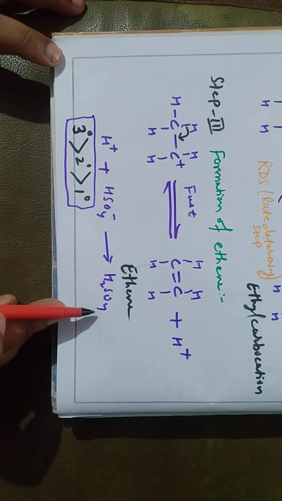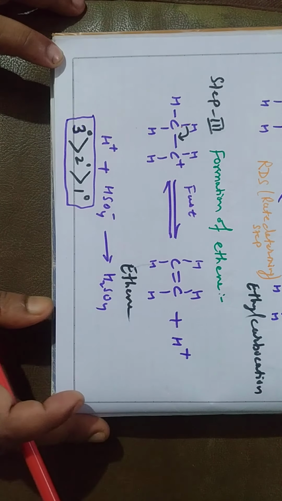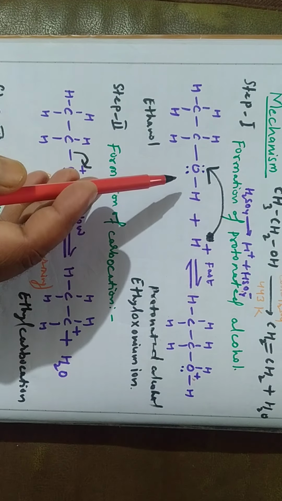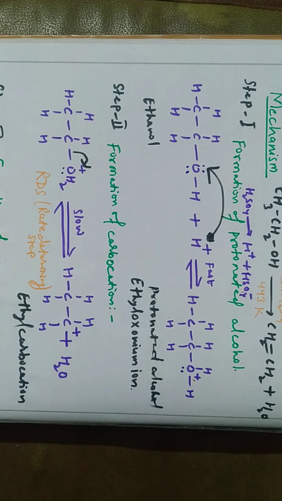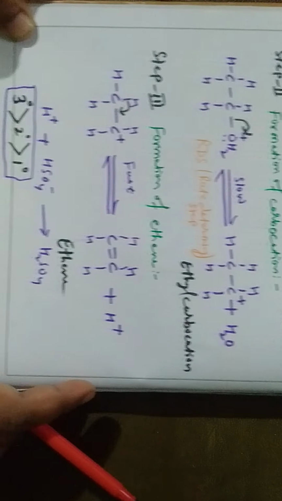Now the question is that we have taken 1 degree alcohol, since ethanol is a 1 degree alcohol. Now if you take 2 degree or 3 degree alcohol, then what will happen? Which one is more reactive?